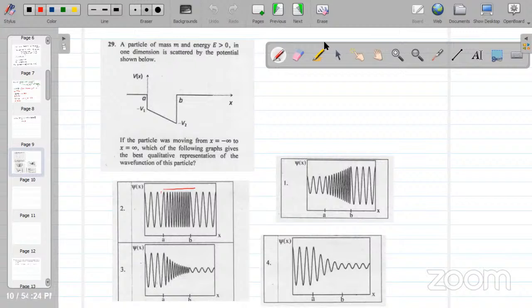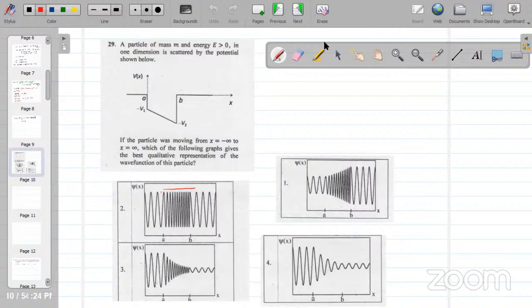It's a ramp, slowly increasing from A to B. If the particle was moving from x equals minus infinity to plus infinity, which of the following graphs gives the best qualitative representation of the wave function of this particle?